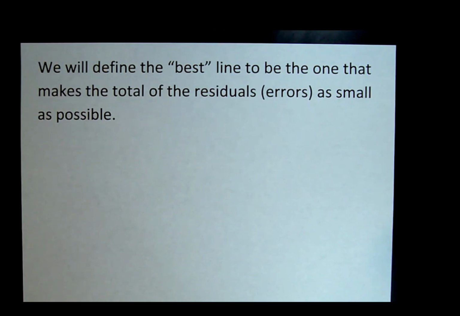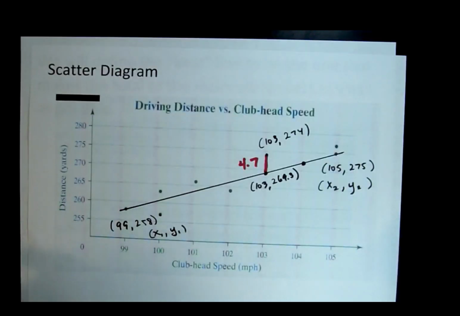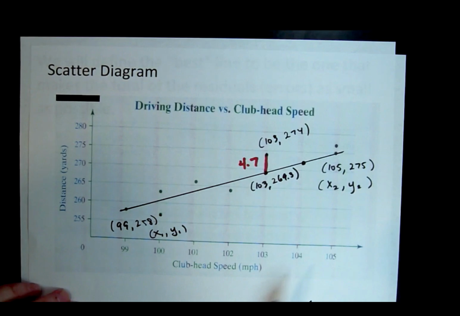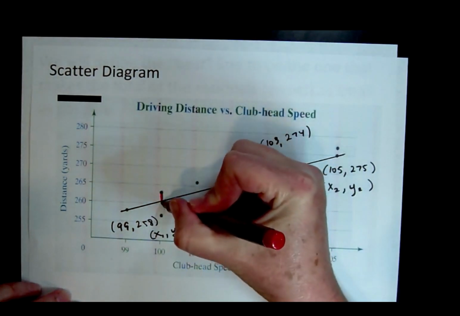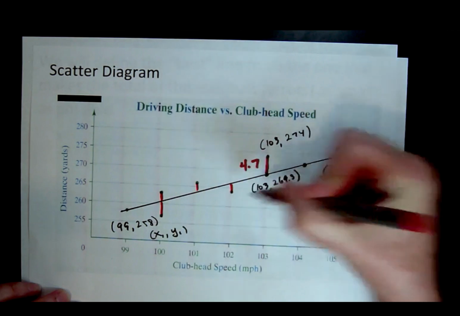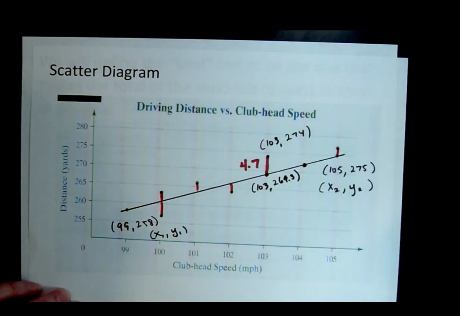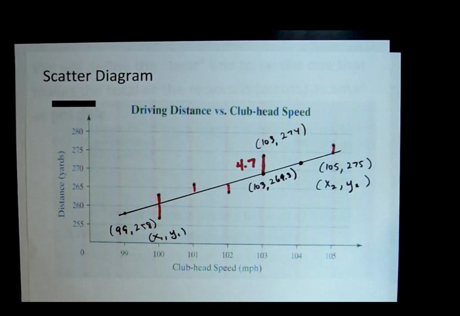So I want a line where, if you looked at all of the residuals, all of these errors, that one, plus that one, plus that one, plus that one, I want the totality of the residuals or differences to be as small as possible. That's what I'm going to think of as the line that best fits this data.